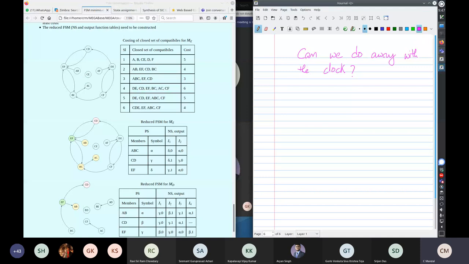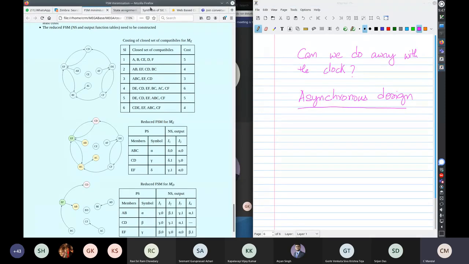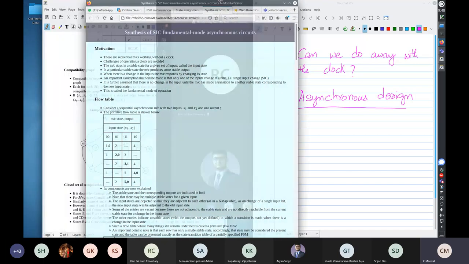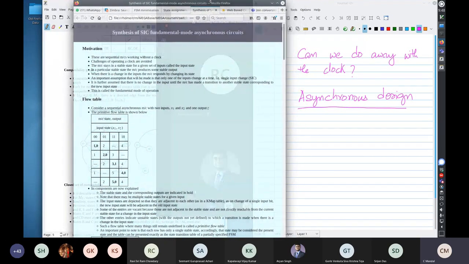So that brings us to asynchronous design. Okay, that brings us to asynchronous design. So that is what we are going to look at here.